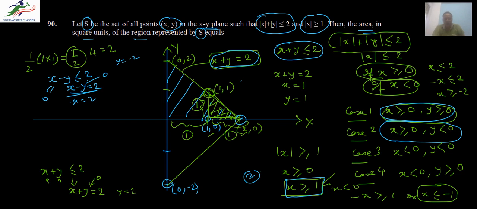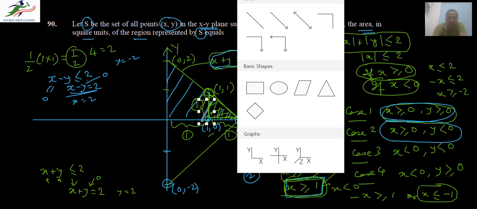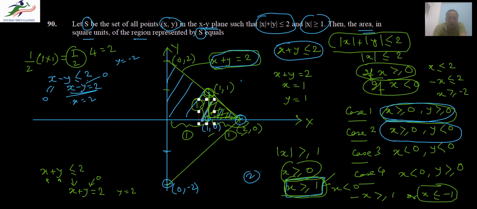Since x is greater than 0, mod of x will be x. So x is greater than or equal to 1 will hold true. So therefore I will extend this line to meet this other line.